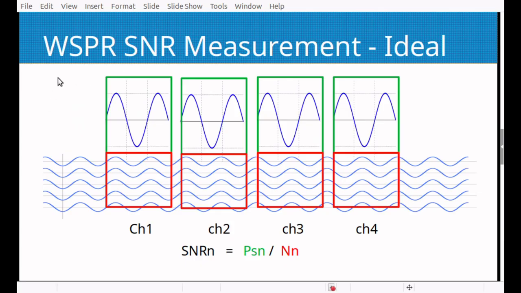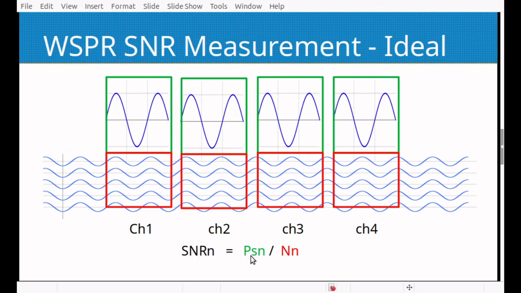How would we measure WSPR's signal-to-noise ratio in an ideal situation? Well, we have these channels, and there are 33 of them in our 200 hertz band, and ideally, we would measure the power of the signal and divide that by the power of the noise.